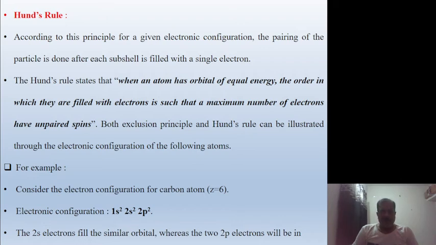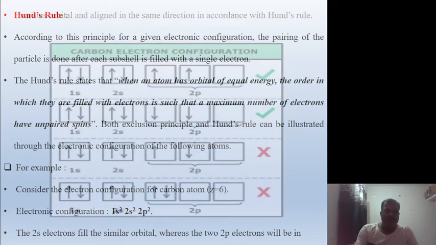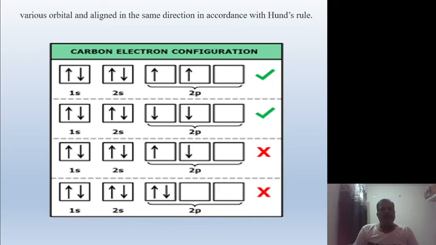The number of electrons is 6. The 2s electrons fill the similar orbit, whereas the 2p electrons will be in various orbitals and align in the same direction in accordance with Hund's rule.